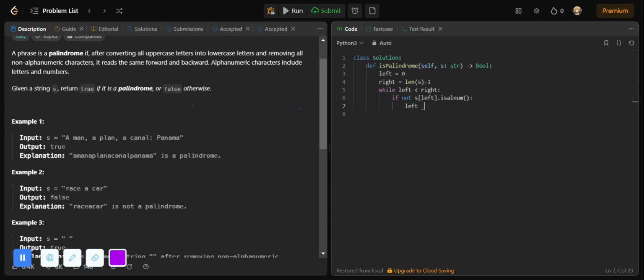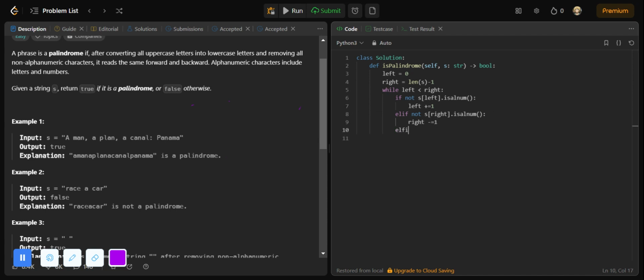If it's not, I'm going to move my left pointer to the right. Also, if the character at right is not alphanumeric, I'm going to move my right pointer to the left.